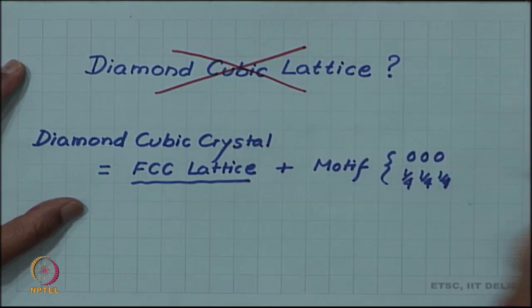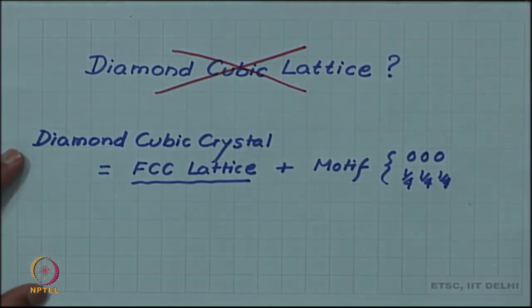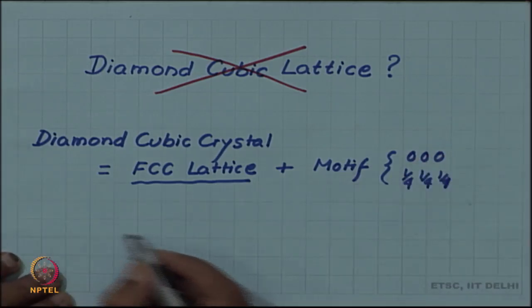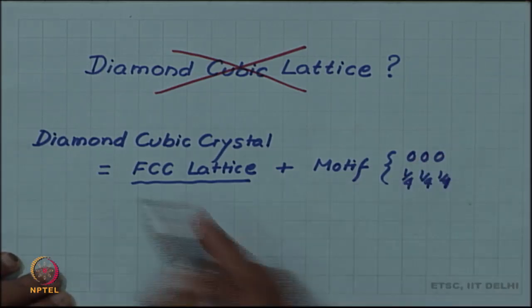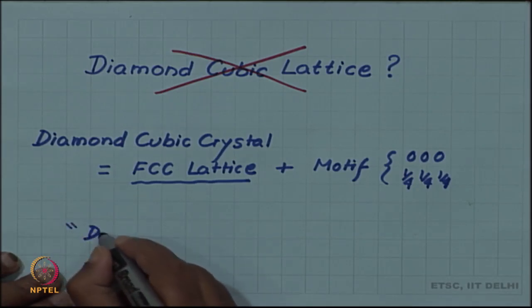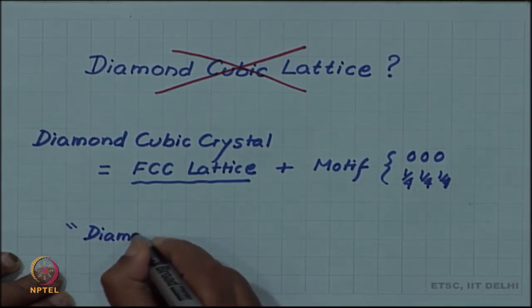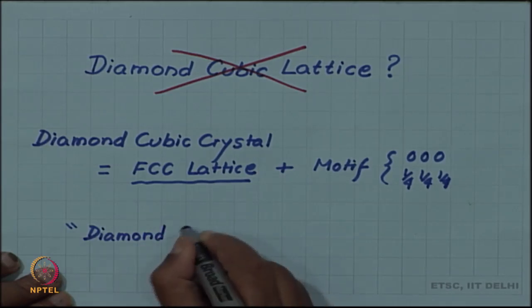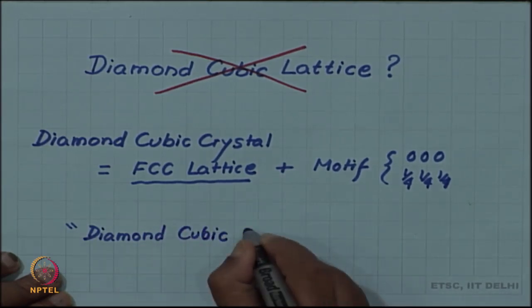I trust that after this video, you will not be using this incorrect phrase diamond cubic lattice, which is quite common on the internet. Please do this exercise: do an exact phrase search for diamond cubic lattice on Google.